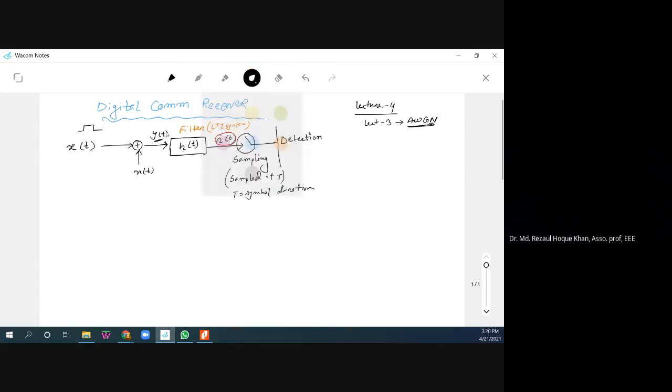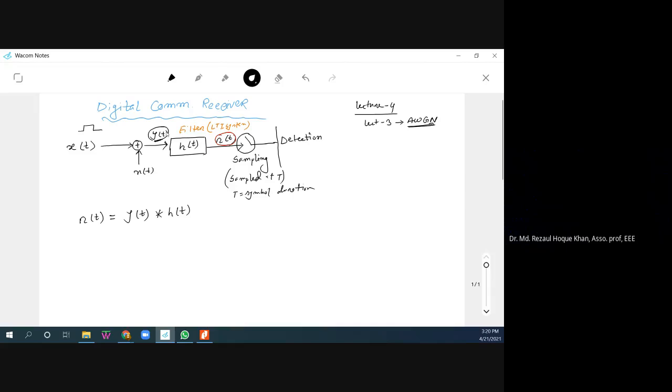After the filter, the input is y(t), and the filter has an impulse response h(t), so this signal will be convolved.